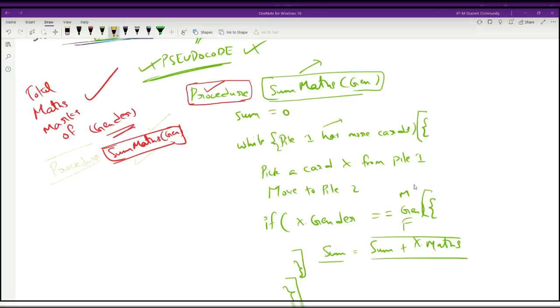In some cases, you will not find the word procedure, but you will only find the name of the procedure with a parameter inside it. Whenever you see something inside round braces like this, you must interpret that the given pseudocode is a procedure automatically. This is a very important key.